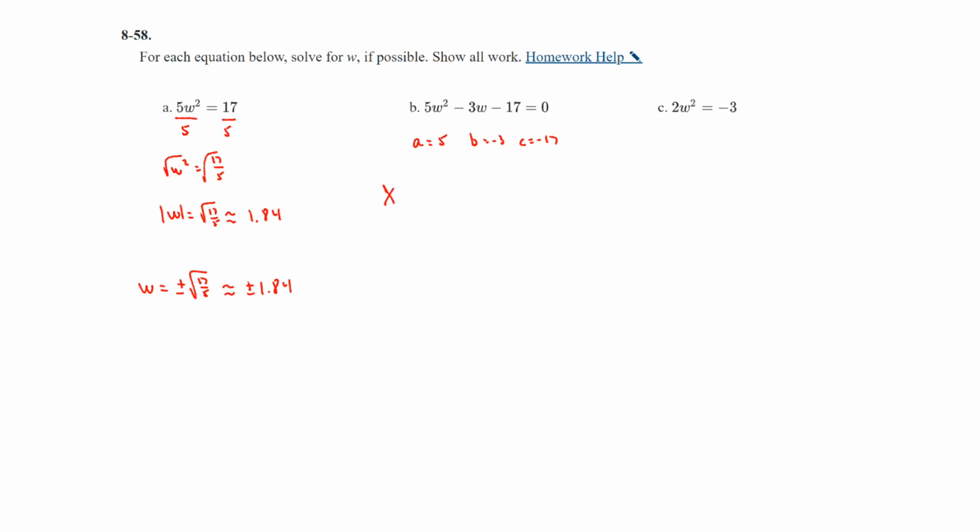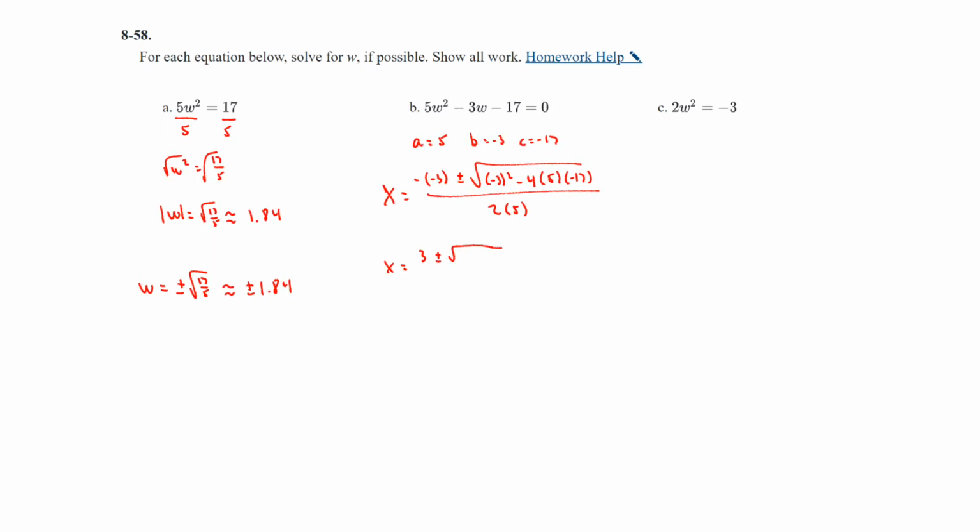So x is equal to the opposite of B, so the opposite of negative 3, plus or minus the square root of negative 3 squared minus 4ac, all over 2 times a. And then you just start simplifying. So the opposite of negative 3 is positive 3.